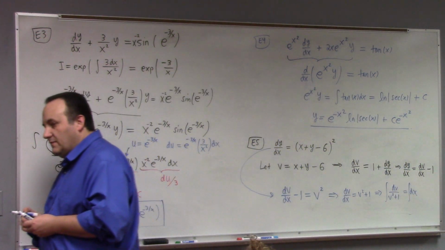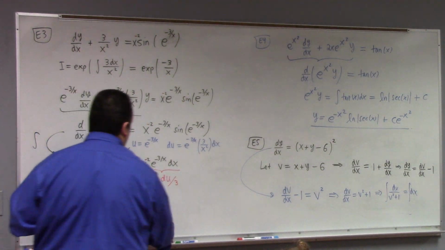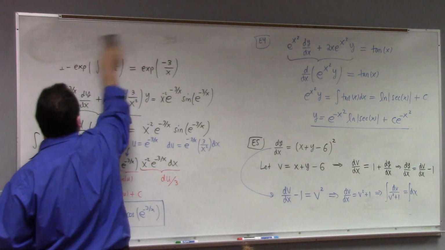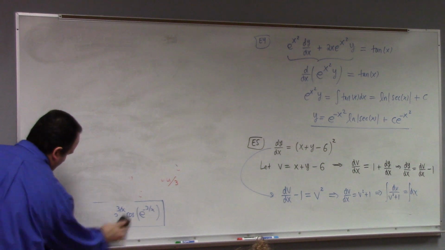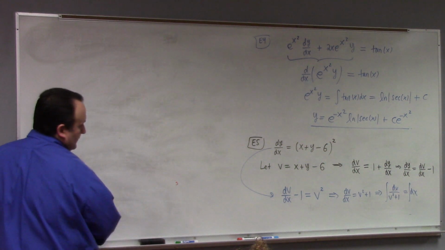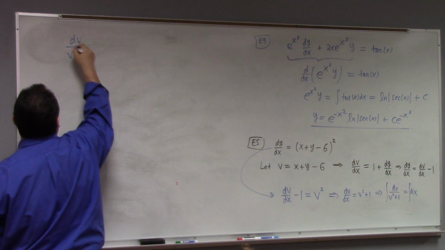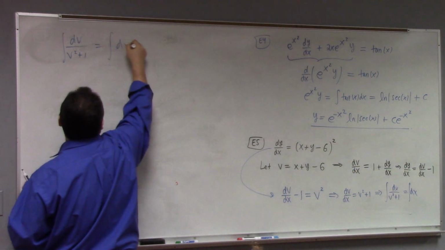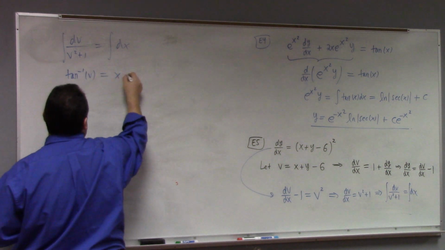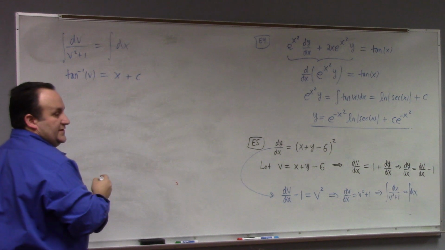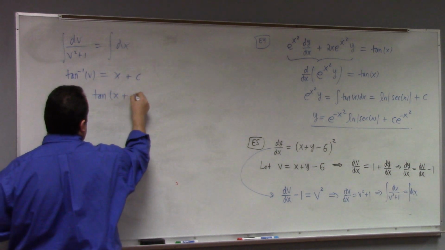What's the integral of dv over v squared plus 1? I'll start it again over here. So we had the integral of dv over v squared plus 1 equal to the integral of dx. And what do you tell me? Arctangent. Arctangent v is equal to x plus a constant, which is to say that v is the tangent of x plus a constant.